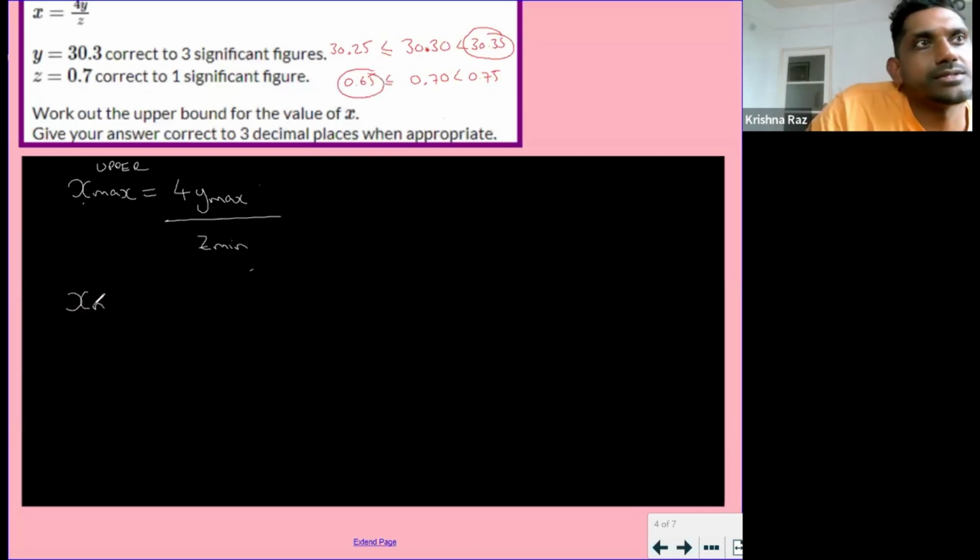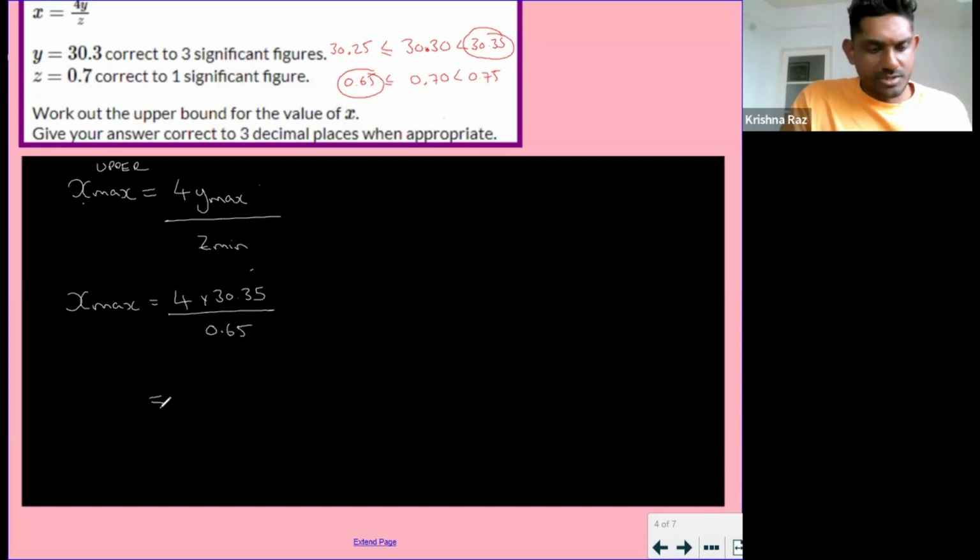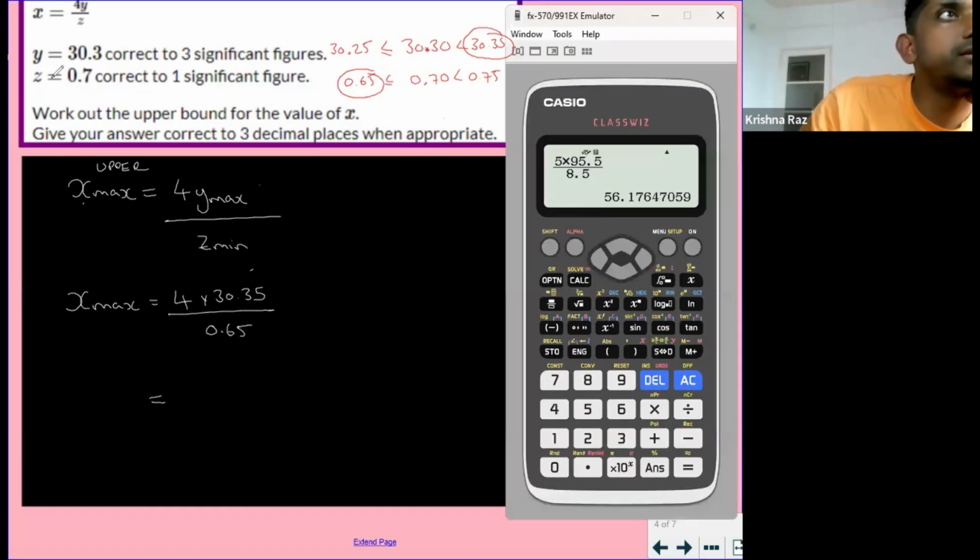So X max must equal 4 times 30.35 divided by 0.65. Let's get the calculator, plug that in.